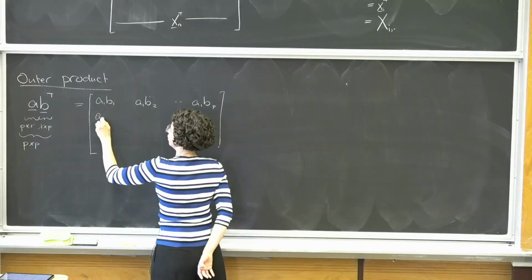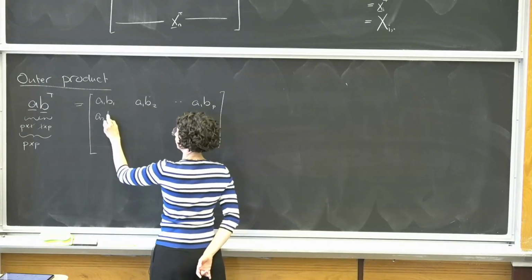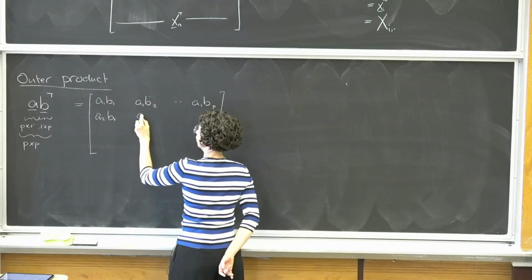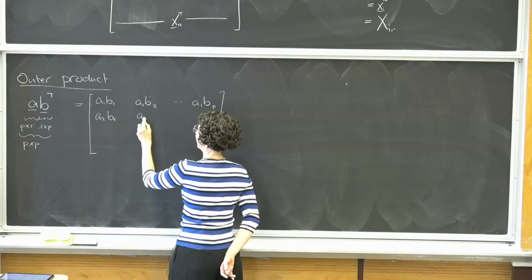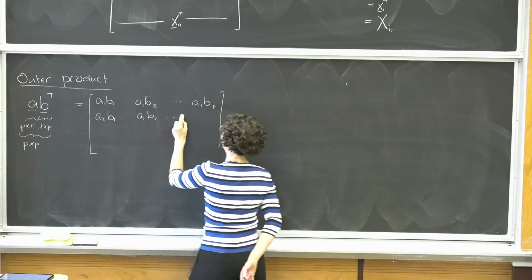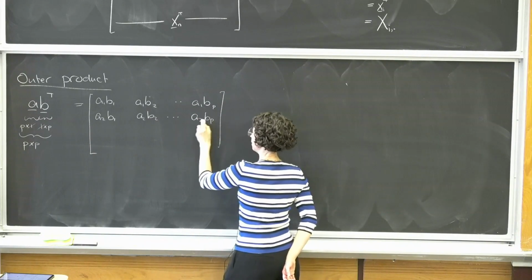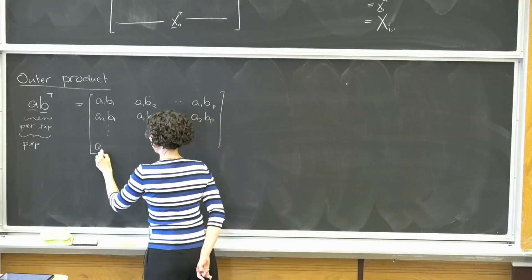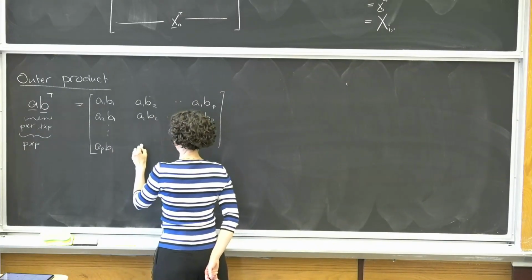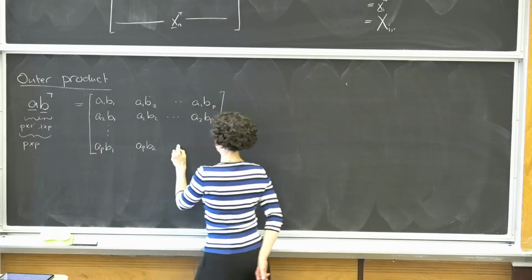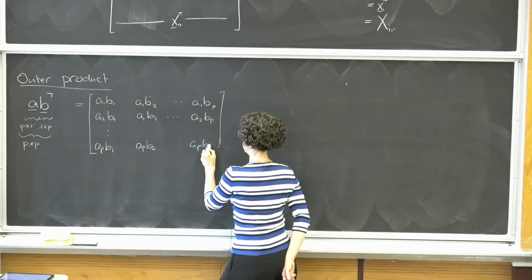And then we have A2 times the entire vector B transpose: A2 B1, A2 B2, all the way to A2 BP, all the way down to AP B1, AP B2, to AP BP.